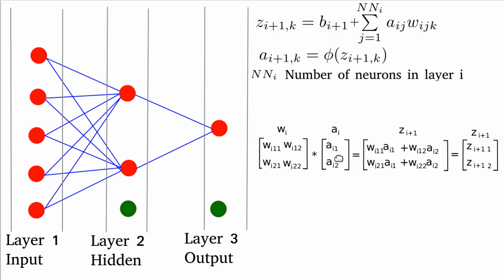So if we look at this here, we have this W matrix, the weights matrix, times the activations matrix. So this is the activations on the layers in this neuron if we're looking at layer 1. And then all of these weights form a matrix. You multiply these matrices to get this, what I call the z i plus 1 matrix. So each of these values in this matrix is equal to one of these equations. Also, we have to add the bias, which I haven't shown.